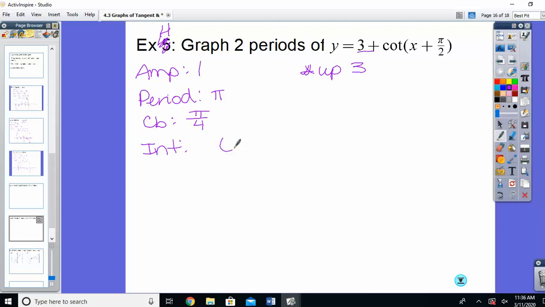It's cotangent, so that means 0 to pi. I'm going to solve for x here. So I would subtract pi over 2, so I get negative pi over 2, less than or equal to x, less than or equal to pi minus pi over 2 is pi over 2.